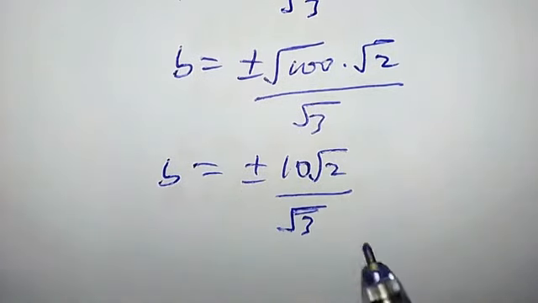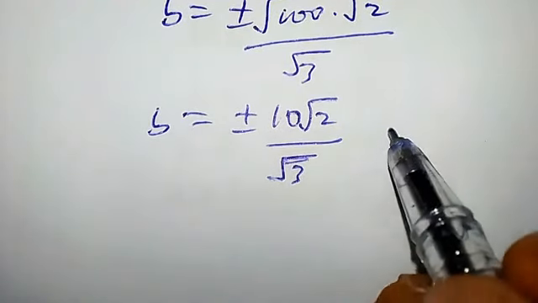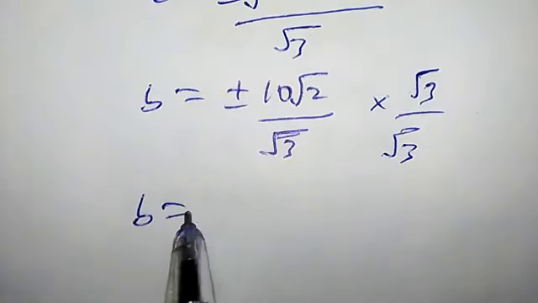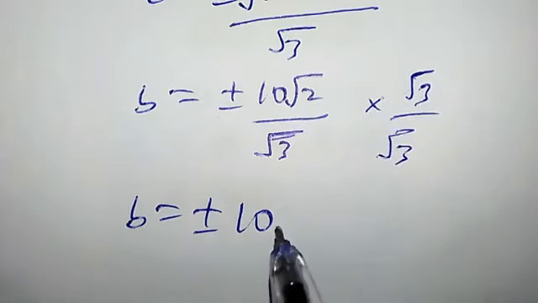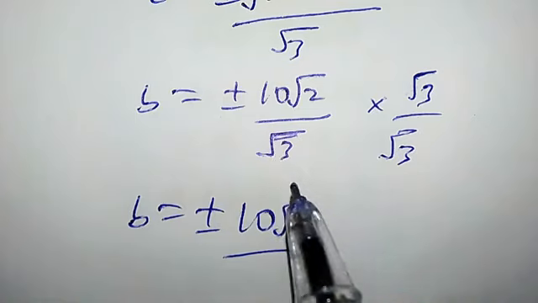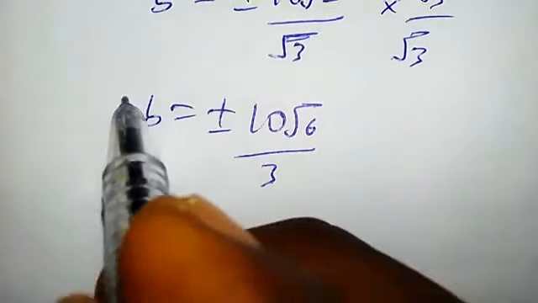Let us rationalize this. So let's simply multiply both denominator and numerator by square root of 3. So B equals plus or minus 10 square root of 3 times square root of 2, that is square root of 6, over square root of 3 times square root of 3, that is square root of 9, and square root of 9 is 3. This is the value of B.